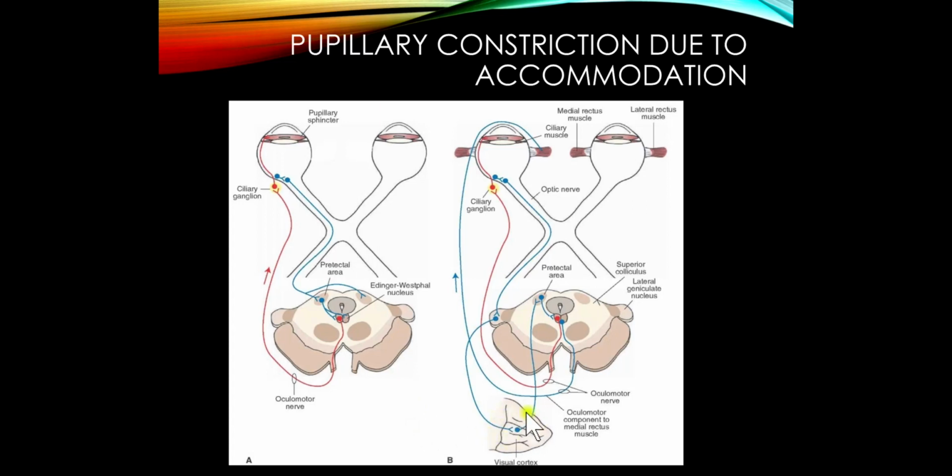So you see it with the occipital lobe, which in a, I would say, poorly understood manner, actually activates the pretectal nucleus, but by a different location. It's not entirely clear, but that then activates the Edinger-Westphal nucleus to constrict the pupil. So there's pupillary constriction not only to light stimulation, but also to accommodation.